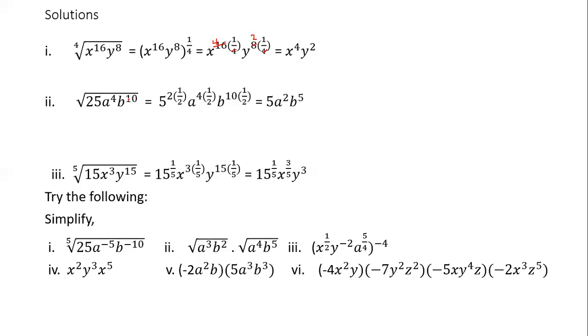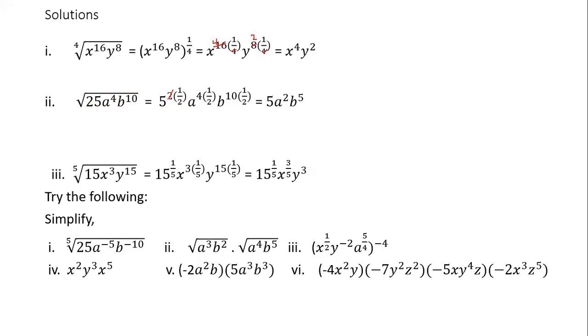So I'll raise 25 power half times a power 4 power half times b power 10 power half. The root of 25 is 5, or the same as 5 power 2 multiplied by power half.